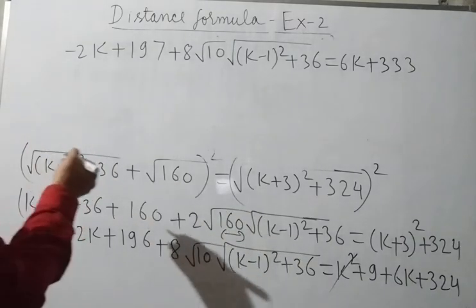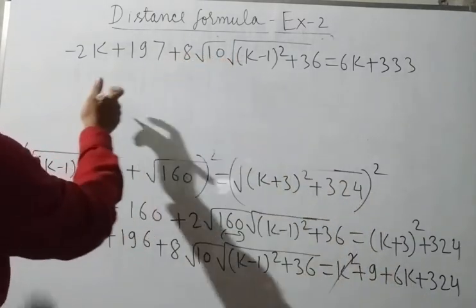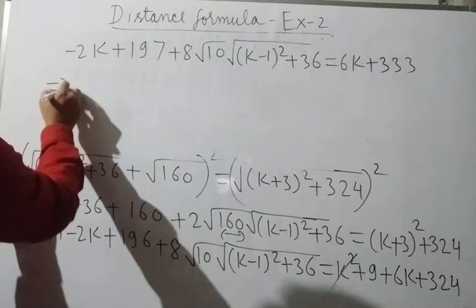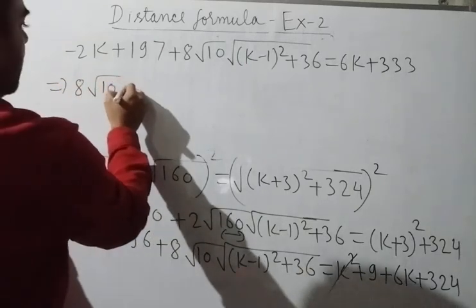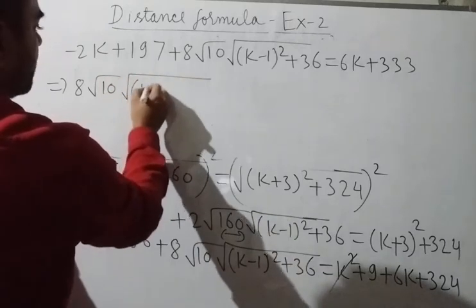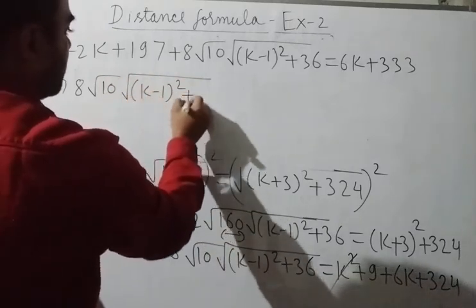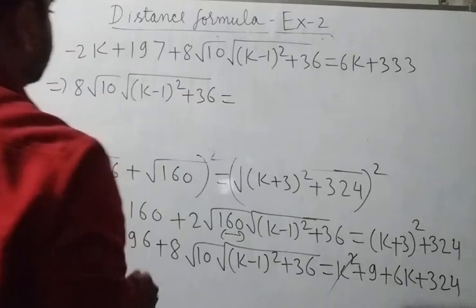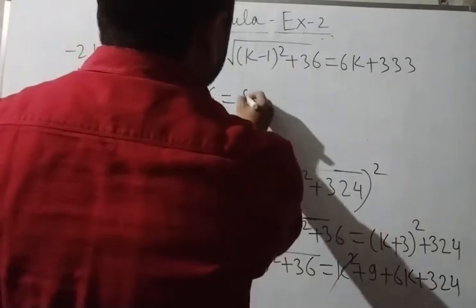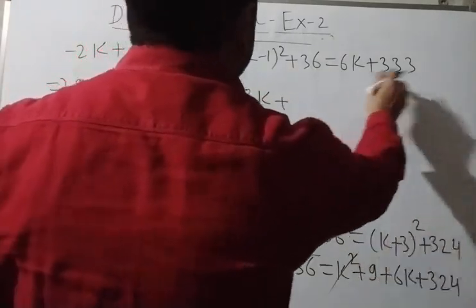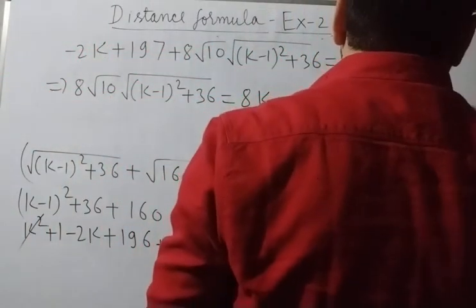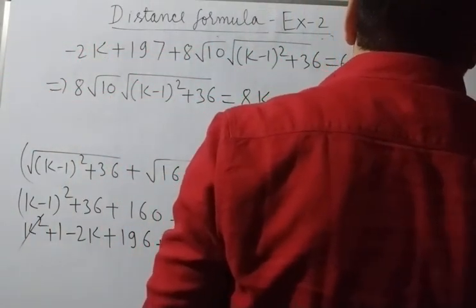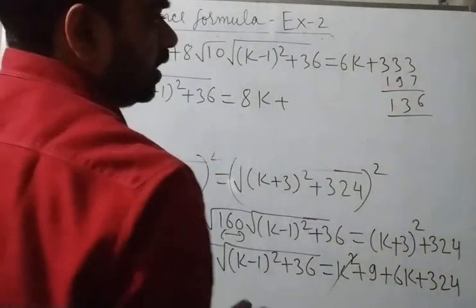So finally what is left? Now transpose. So this will give 8 square root 10 and square root of (k minus 1) whole square plus 36 is equal to 6k plus 2k, 8k plus 333 minus 197. That will give what? 136, correct?